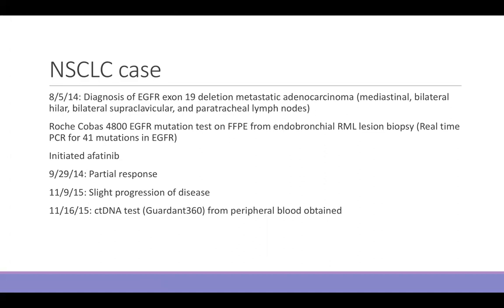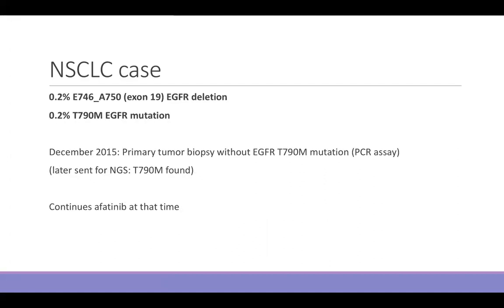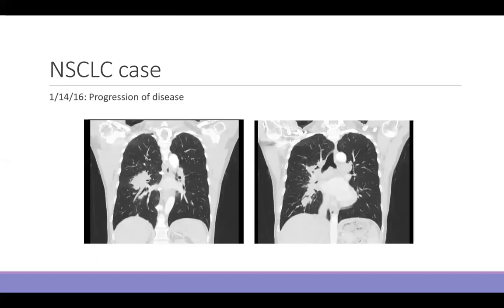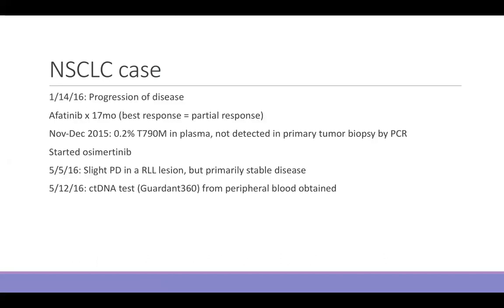The ctDNA test detected EGFR exon 19 deletion as well as T790M mutation. What's interesting is the PCR assay was not able to detect T790M, but later, when the same tissue was sent to an NGS panel platform, T790M was able to be found. So this is the progression we saw.